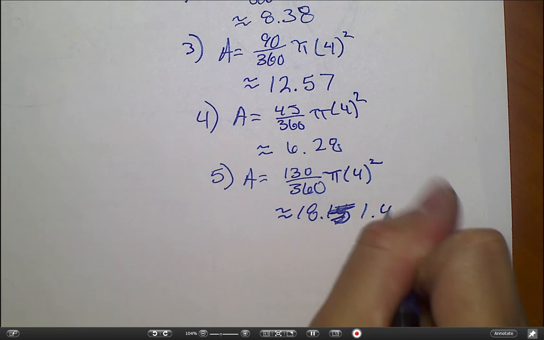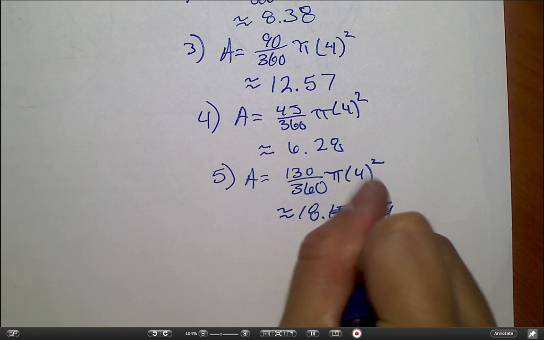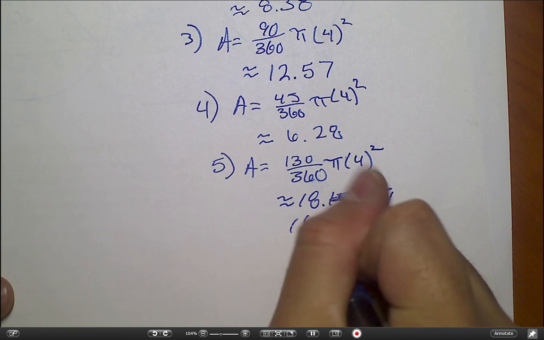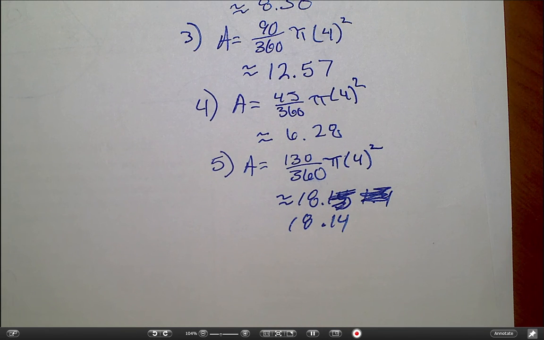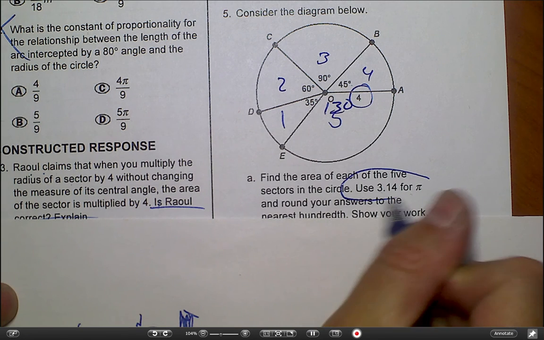It's 18.14, yeah. Ooh, I was right. Did you use the pi button or 3.14? I did the pi. You're supposed to be using 3.14 because it says that right here.